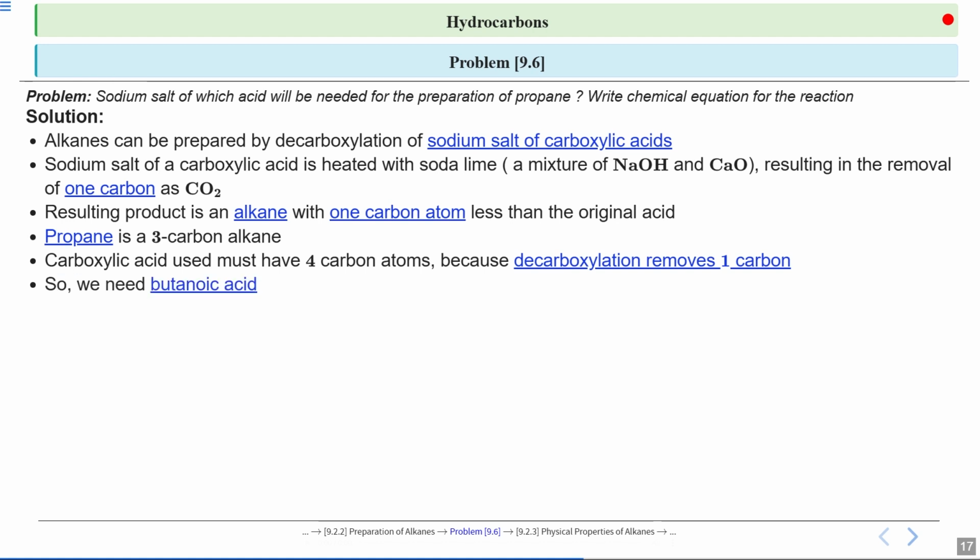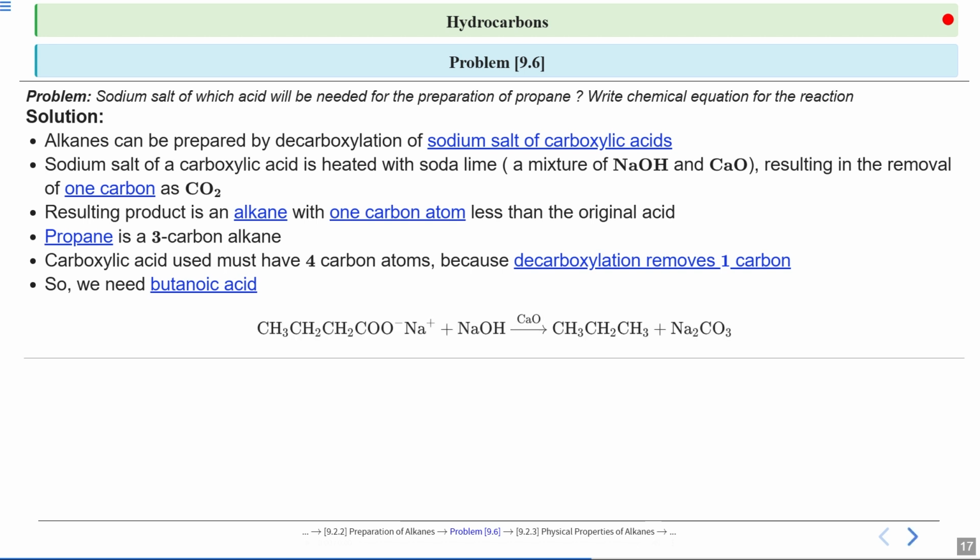Now, the sodium salt of butanoic acid, which has 4 carbon atoms, when it undergoes decarboxylation, what will it produce? It will produce propane because one carbon will be removed from it. You can see this in the given chemical equation. So, the sodium salt of butanoic acid reacts with sodium hydroxide in the presence of calcium oxide to produce propane and sodium carbonate. This equation visually represents the decarboxylation process.